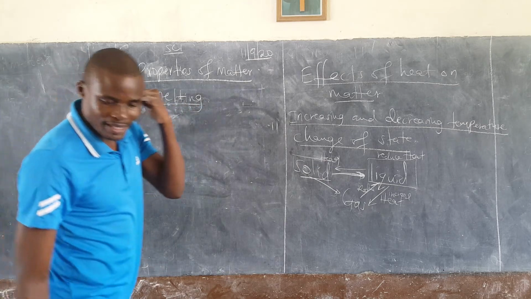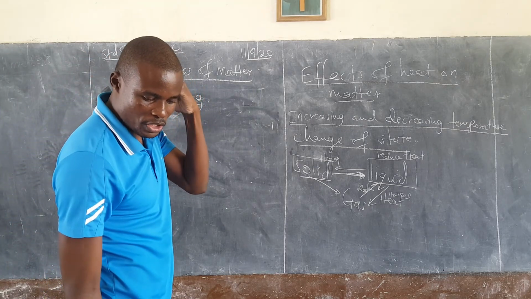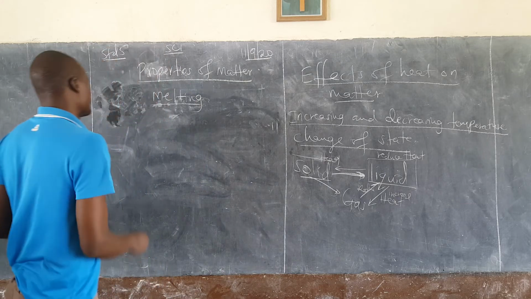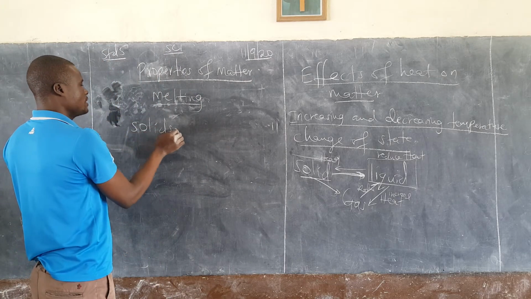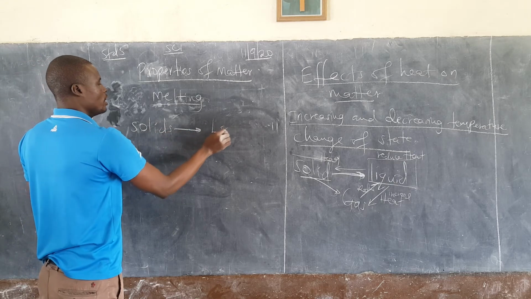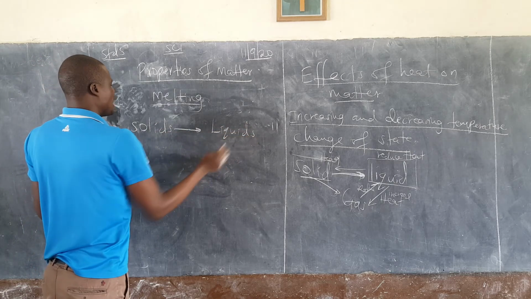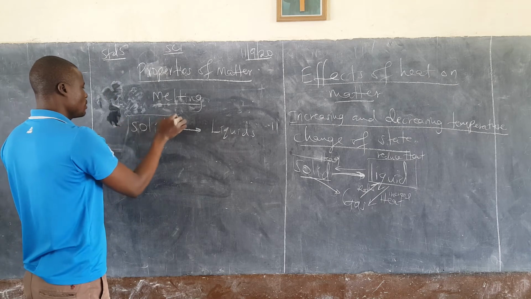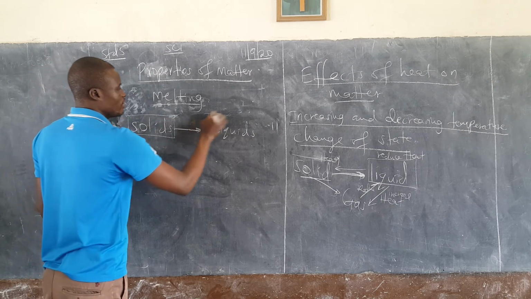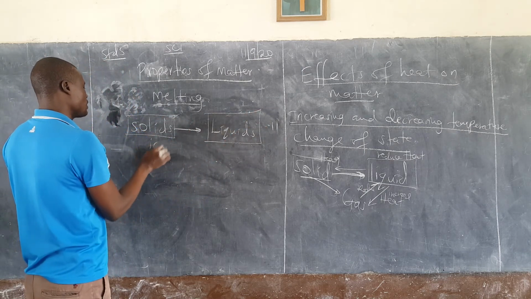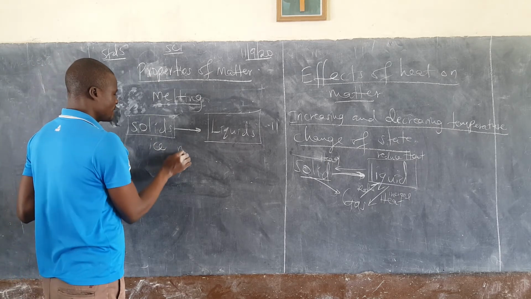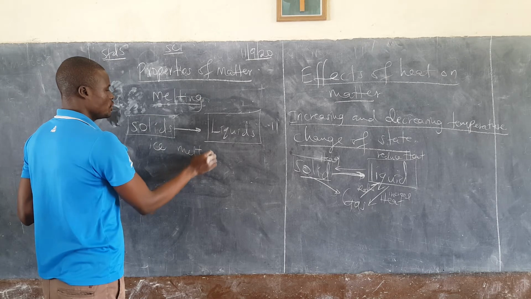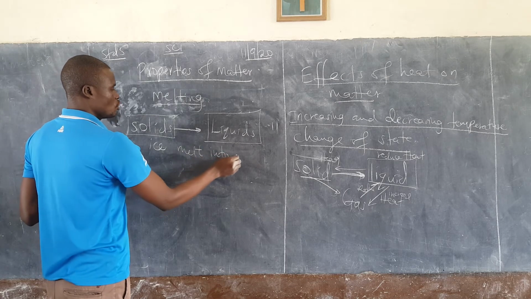Melting, Nana, is the process by which solids change into liquids. This is solids changing to liquids. I've given a very practical example of ice. Ice will melt into water.